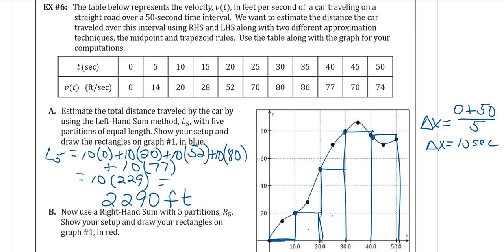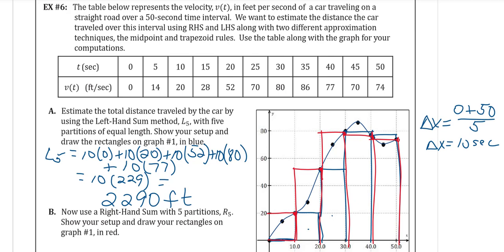Okay? So now doing this again before I move everything, I'm going to do my right-hand rectangles in red. So that means I'm going to start on the end of the interval. So that's here, and draw it over. So the next red rectangle goes here. The next red rectangle goes here. The next one goes here. And then the last one is there. So there are my red rectangles. Okay, so let me just shade these in a little bit.